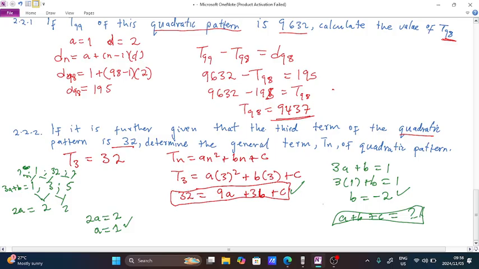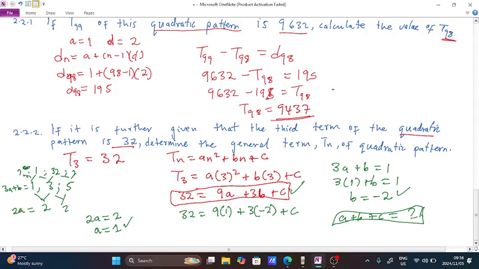Now I know the value of a, and I know the value of b. So I'll say 32 equals 9 into 1 plus 3 into -2 plus c. So now I'm only looking for the value of c.